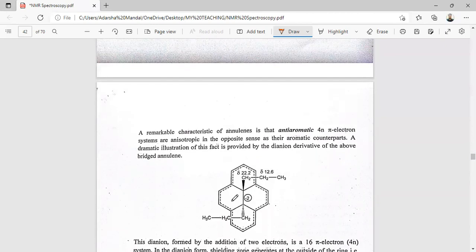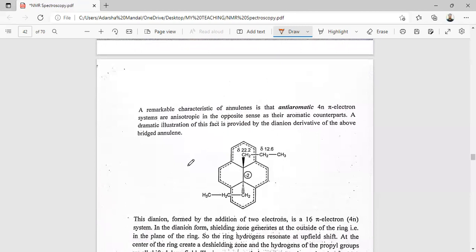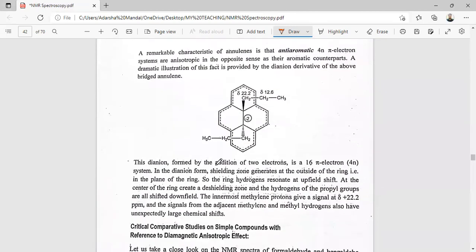A remarkable characteristic of the annulene is that the anti-aromatic 4n pi electron system is anisotropic in the opposite sense to its aromatic counterparts. A dramatic illustration of this fact is provided by the dianion derivative of the above bridged annulene. This is the dianion formed by the addition of two electrons. So it is a 16 pi electron system in the dianion form.